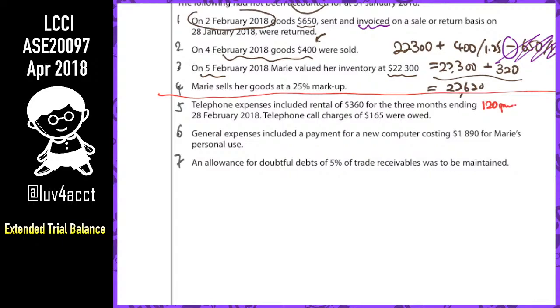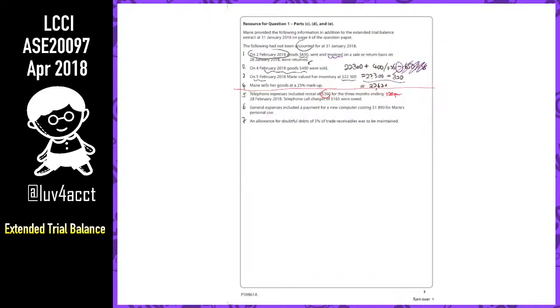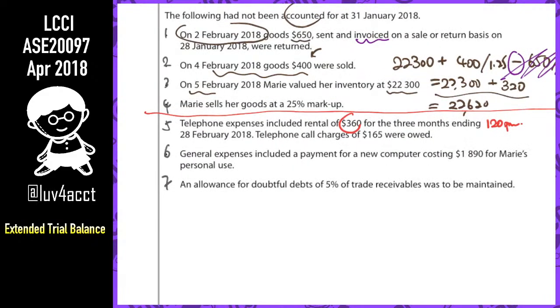Telephone expenses included 360 for rent, so telephone expenses should not include rent, and it is also 120 prepayment, and telephone call charges 165 owed. I am so tired now.